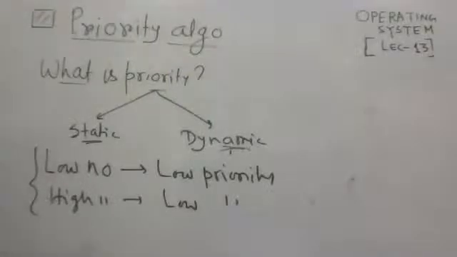Already we know that two or more processes can have the same priority, so to break the tie we use arrival time, and then the process number, which is unique for every process.